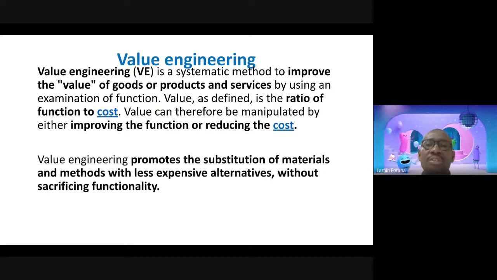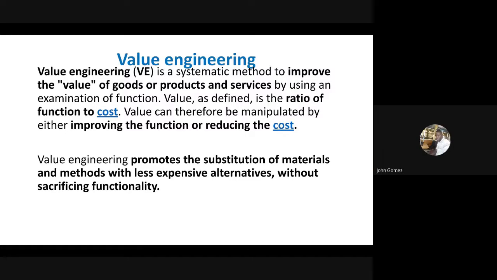And of course, there are various methods of value engineering. So what you do is you look at the composition of the product. You look at the materials that went into the product. You look at the labor that is employed in order to produce the product. And of course, you look at the processes that you undergo in order to produce the product, and the specification of the product.